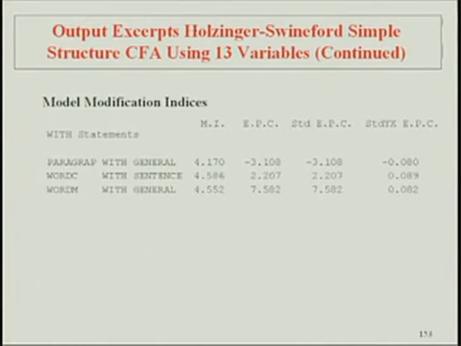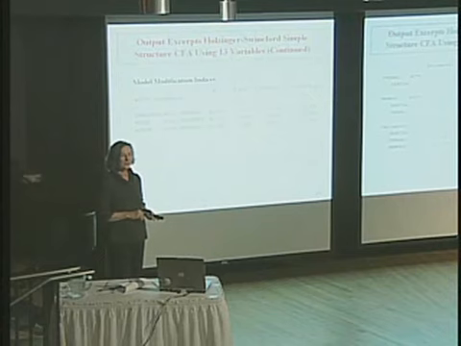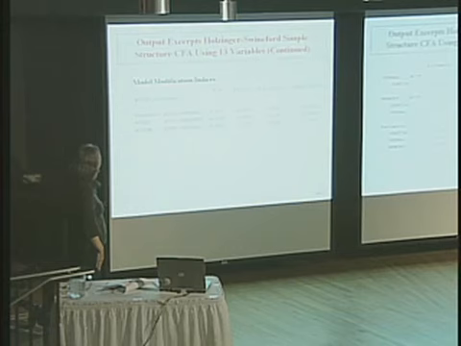Now we have model modification indices that we can ask for. And we did ask, so what are model modification indices first? It's the Lagrangian multiplier, is how it's referred to. In the first column, the value is a chi-square value.